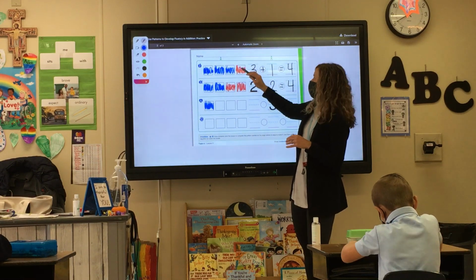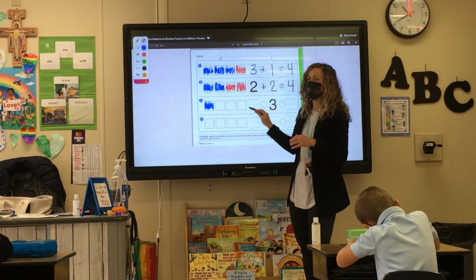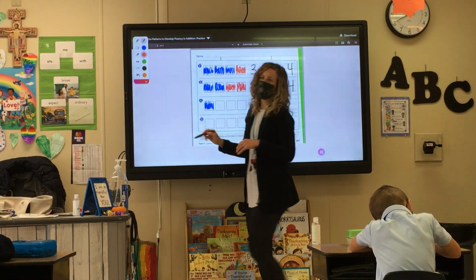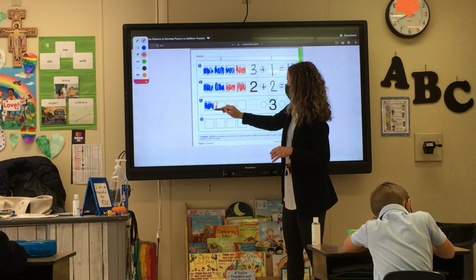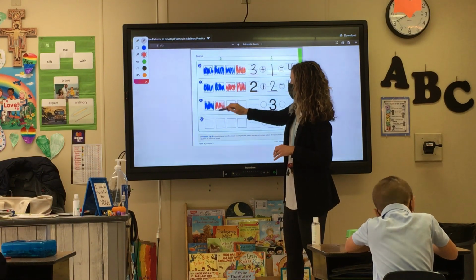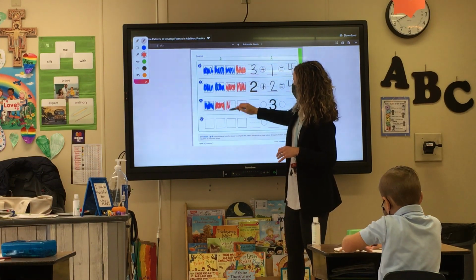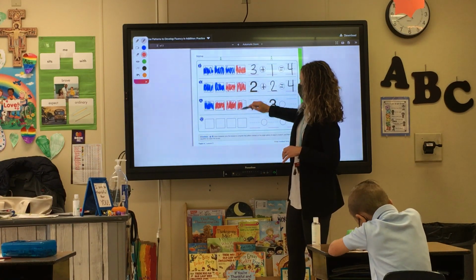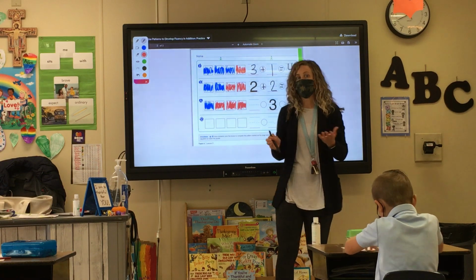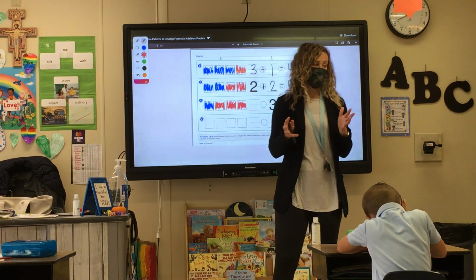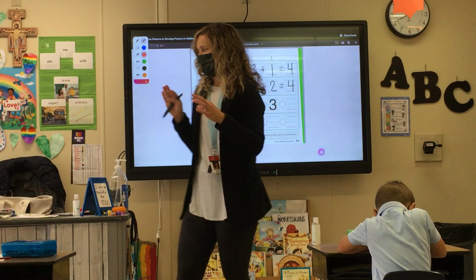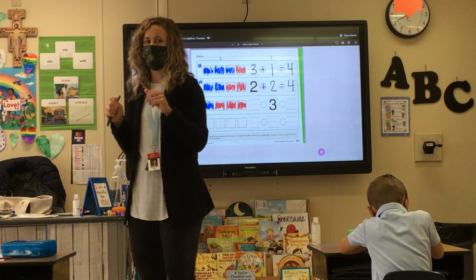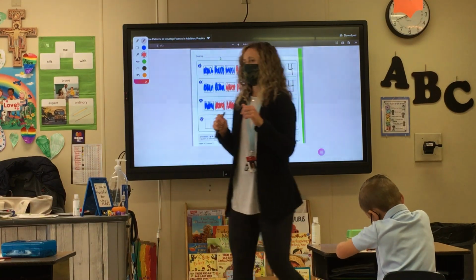We went from 0 to 1 to 2, so how many are red this time, Alina? 3. 3 are red. They're just like little squares, or cubes. It's not exactly our counters this time, it's just like the squares that we have in our baggies. We could use our squares almost to help us with this, but right now we're just gonna do it with our crayons. Sometimes the squares get in the way a little bit, it gets a little confusing.